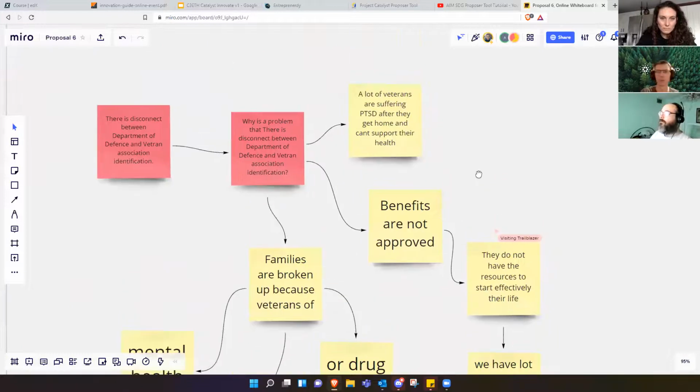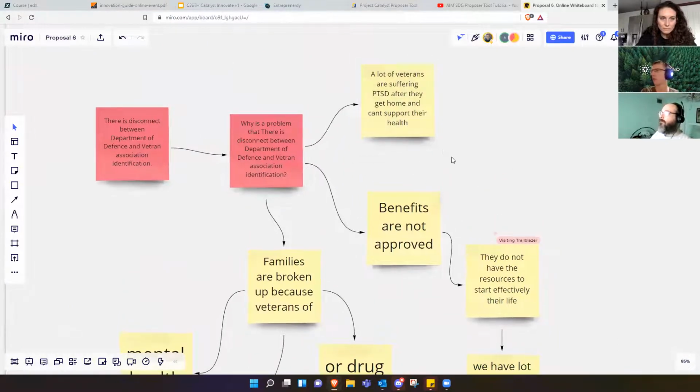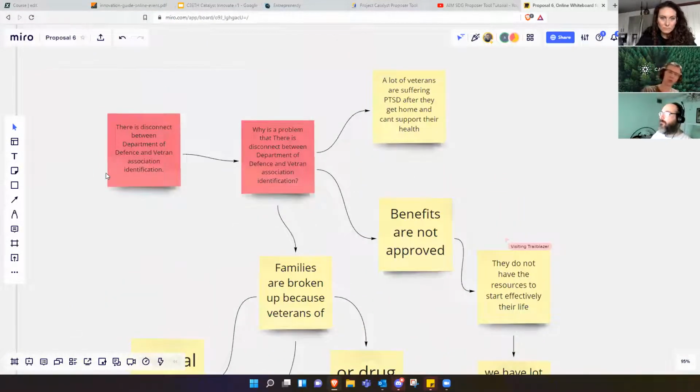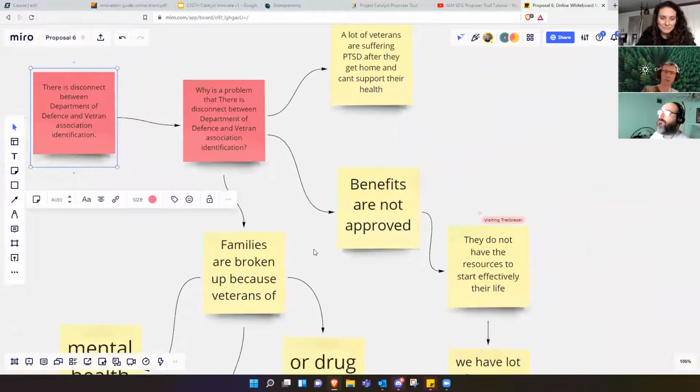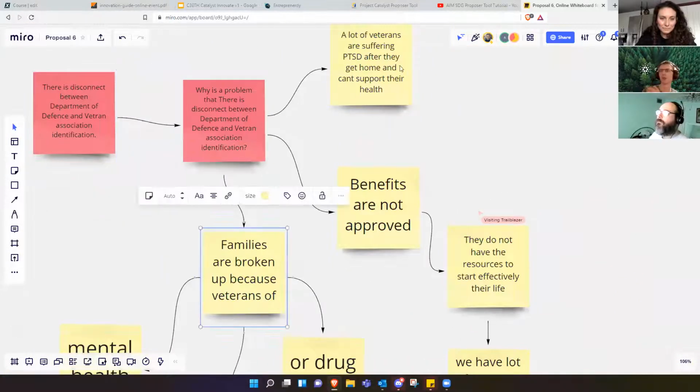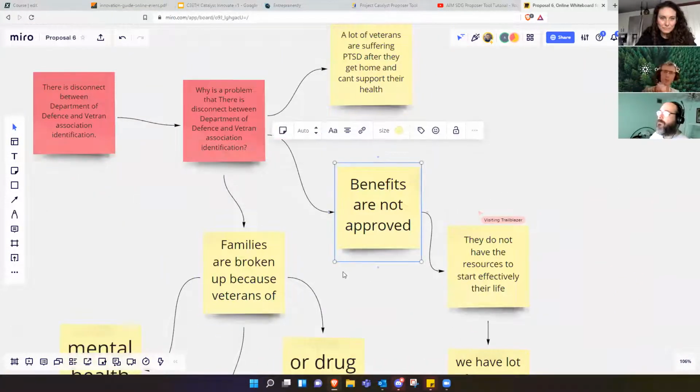So one question for Dina would be, do you want to continue with your main idea, your main concept first, that you want to solve the disconnect between the Department of Defense and Veterans Association, or would you prefer to try any of these three underlying ones?